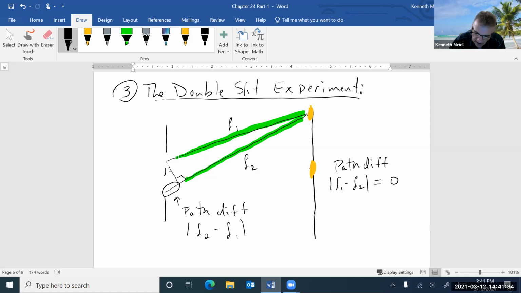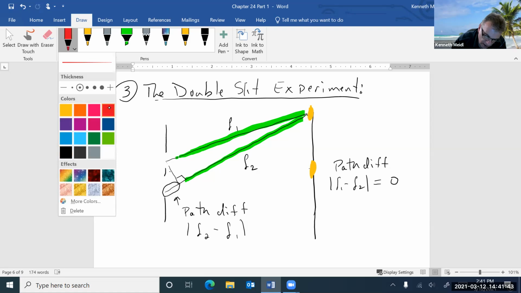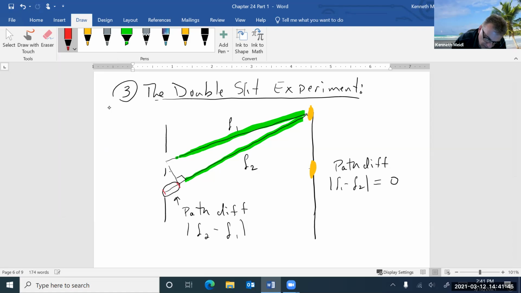And now if this is a bright spot up here, what that means is that an entire wave, so let me get a different color here so it shows up, an entire wave is sitting right here. So there's one wave, 2 waves, 3 waves, 4 waves, 5, 6, 7, 8, 9, or something like that.